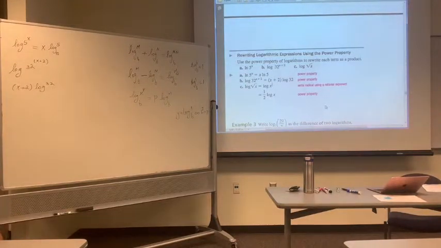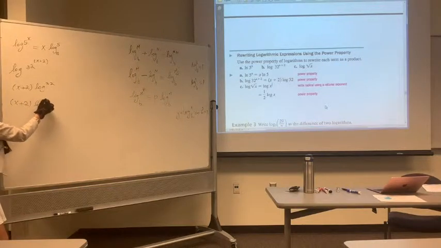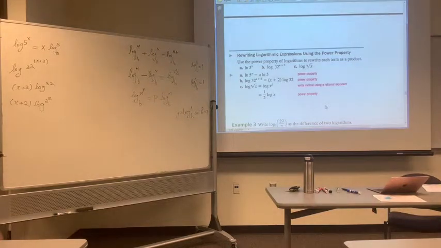Am I right? 2 multiply 2 multiply 2 multiply 2 multiply 2. 8 multiply 2 is 16. 16 multiply 2 is 32. So it's 2 power 5, right? So I will write down x plus 2 multiplied by the log of 2 power 5, right?